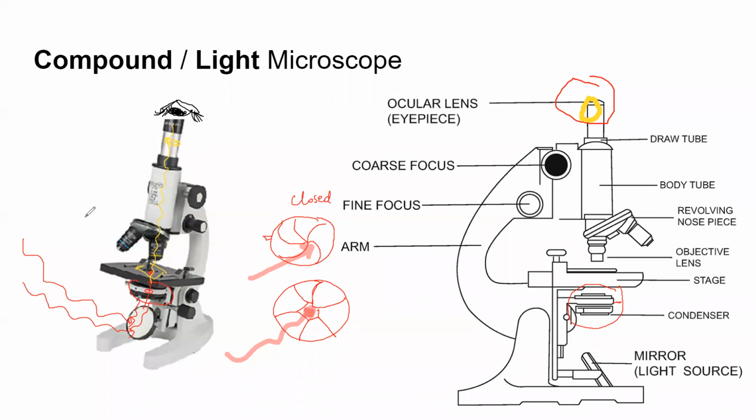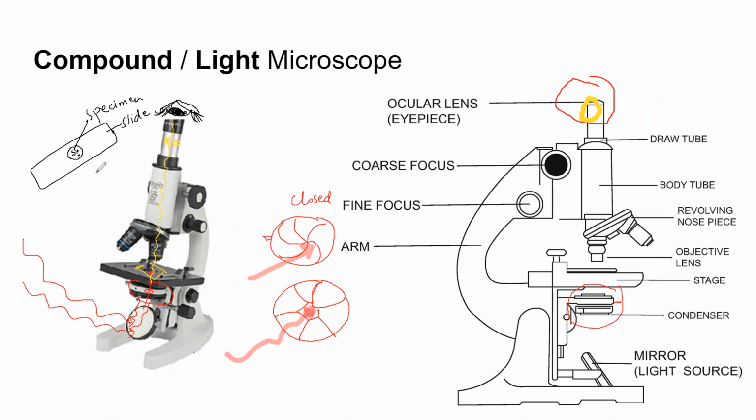This image is forming because light is being channeled through the specimen. Specimen means what? Specimen is the object that is kept on your slide. Let's say you have kept a drop of pond water. In this, there are tiny microorganisms floating. So this is your specimen. And this is your slide.